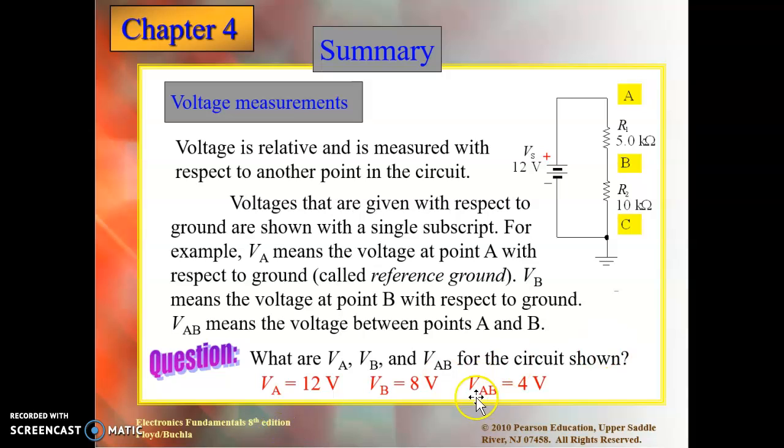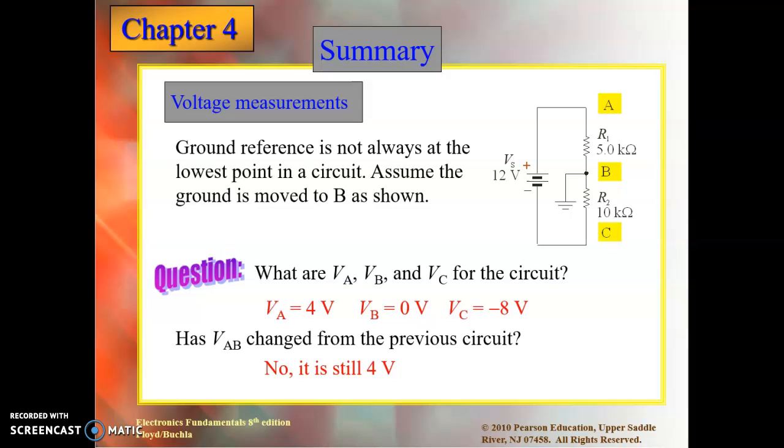I subtract them and I get 4 volts, which VAB is just V1, the voltage across the resistor R1. Don't worry, I'm going to do more examples later in this chapter so you can understand that.